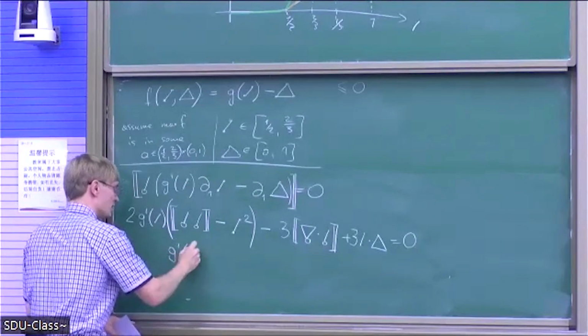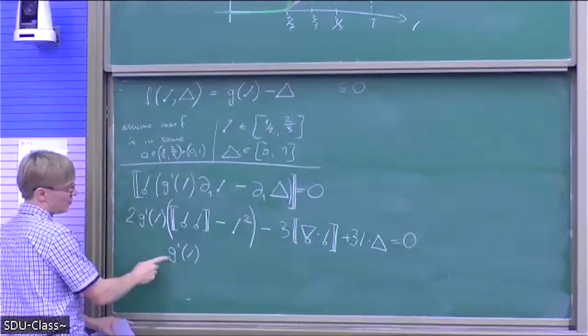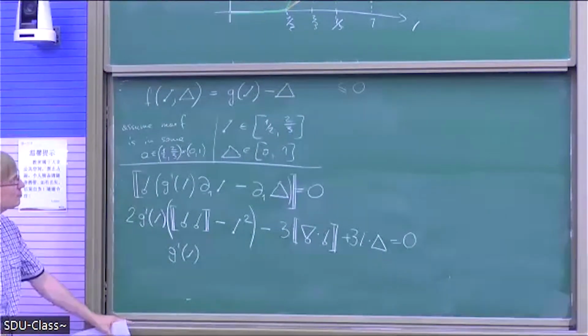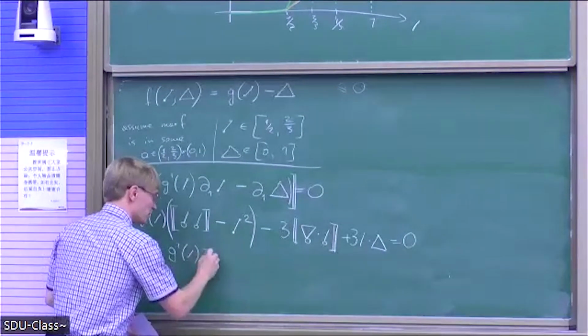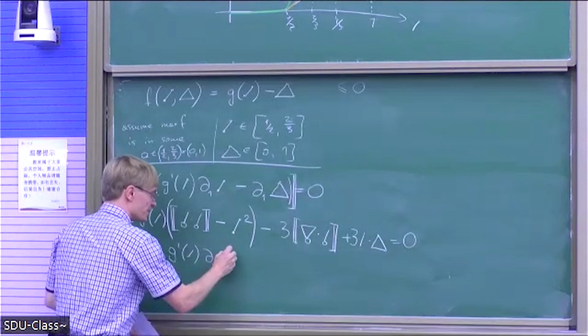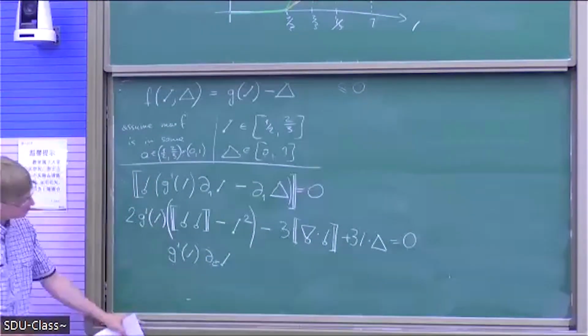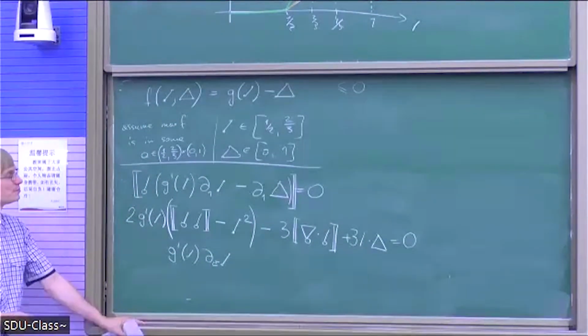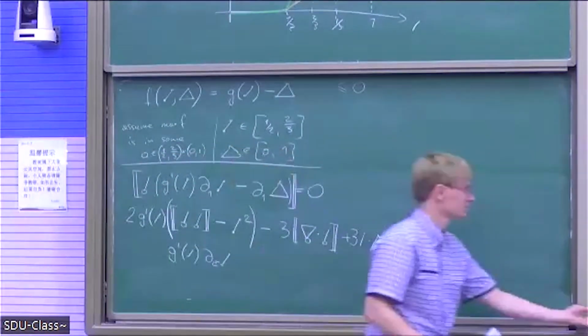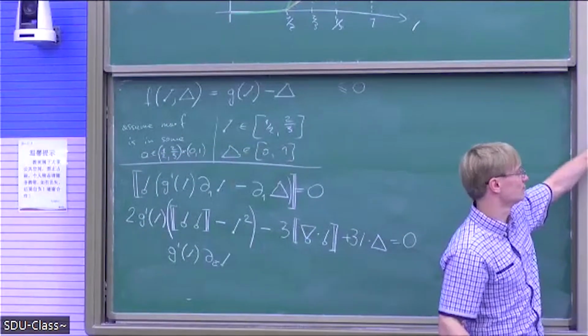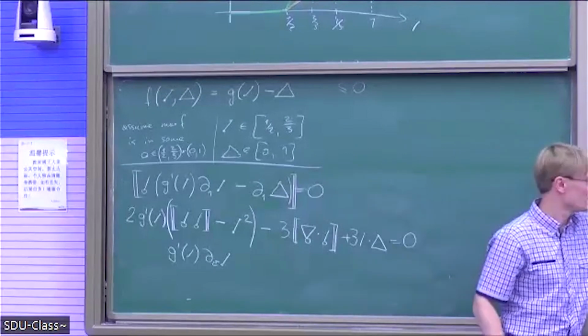for edge, I get just g prime. And this time it will be multiplied by this differentiating edge. Right? This is this part.